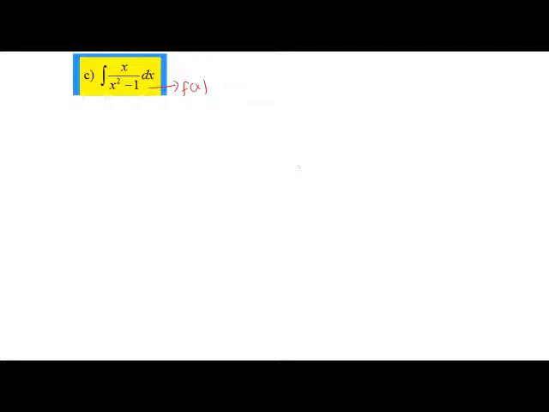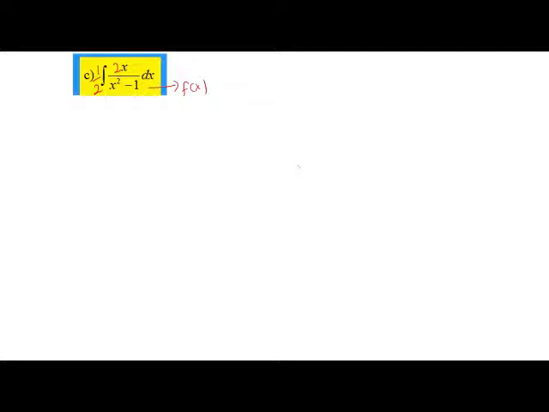But in this case, the numerator side here is x, not 2x. So what do we have to do? We have to make it 2x. So just times 2 here, and then divided by 2 or times half as its factor.